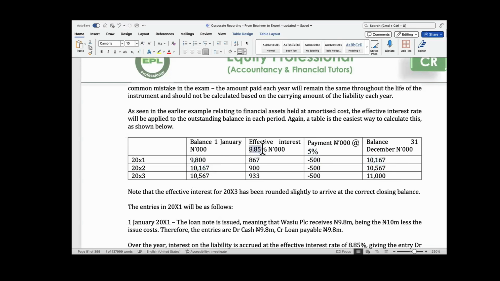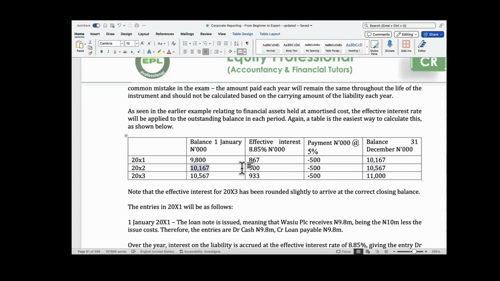So we're going to apply this effective interest rate on the outstanding balance. Gives us 900. That's the effective interest payable. Then we paid 500 out of these 900. So brings our balance to 10,567.